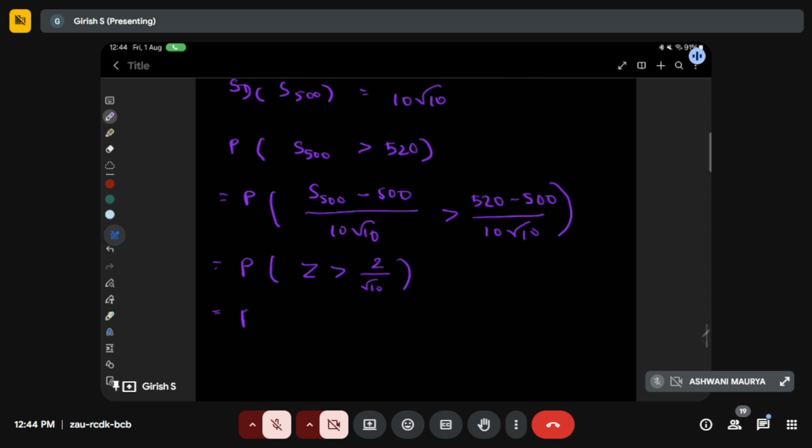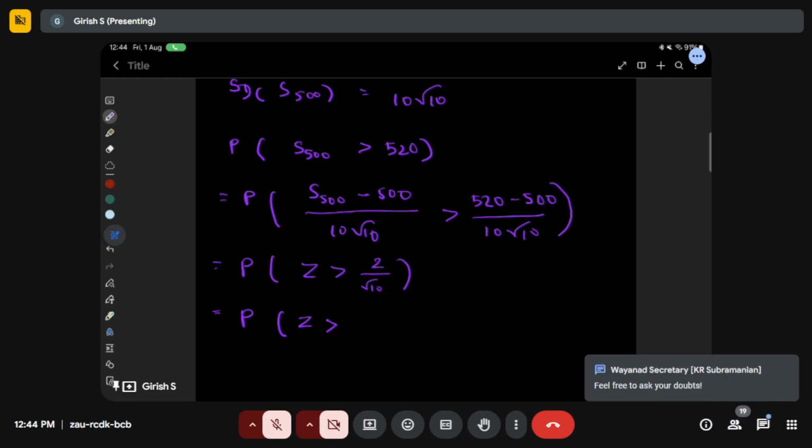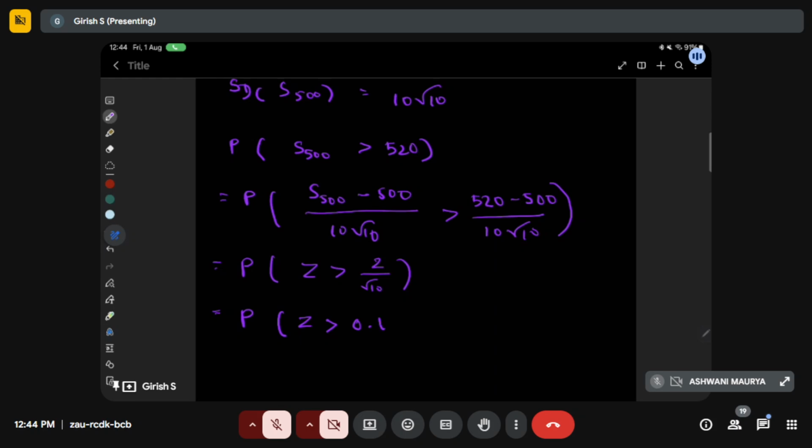If you calculate it, 2 by root 10 is close to 0.632, I believe.